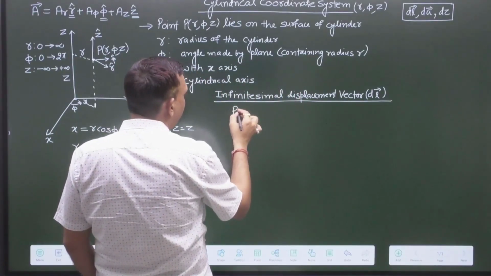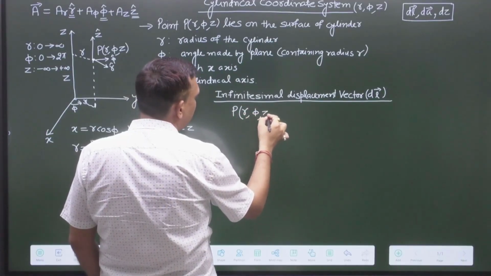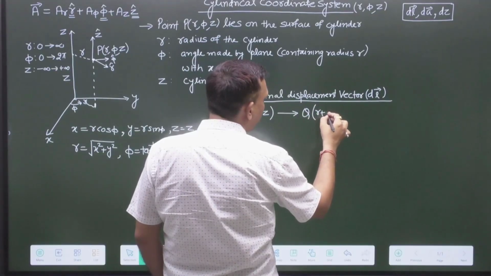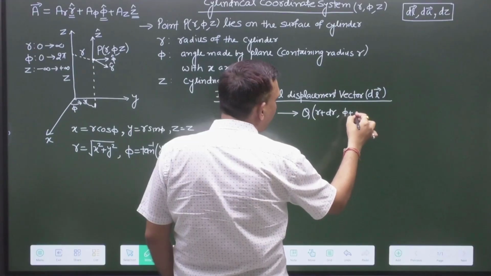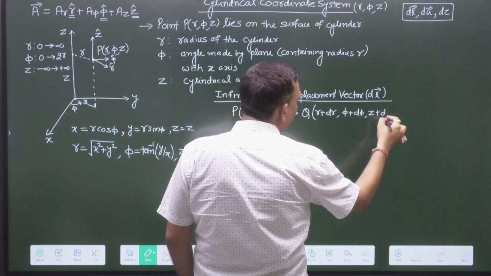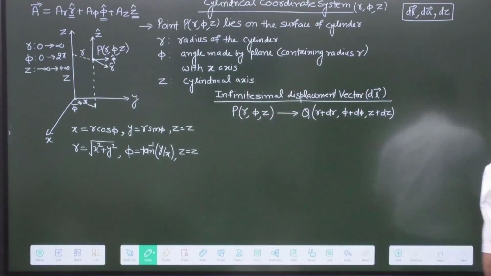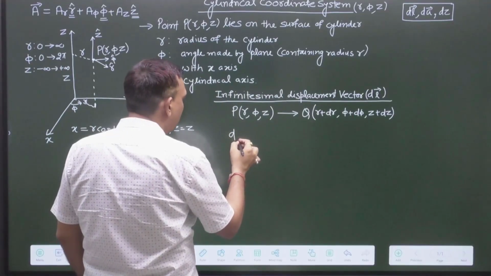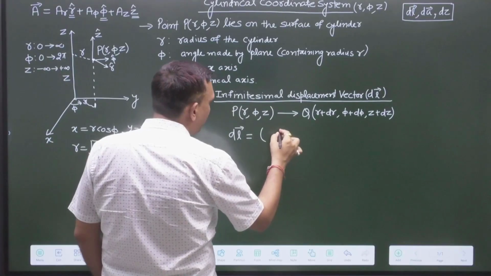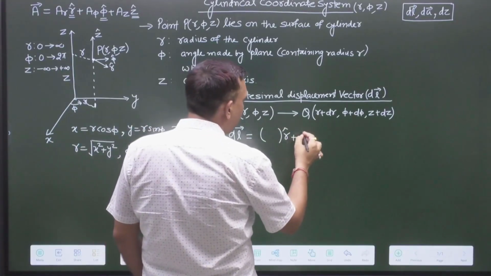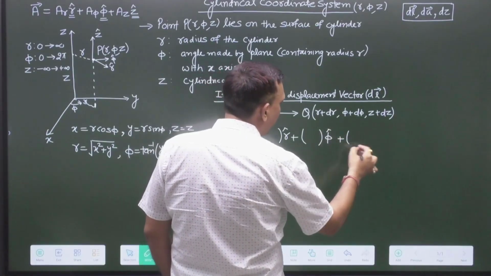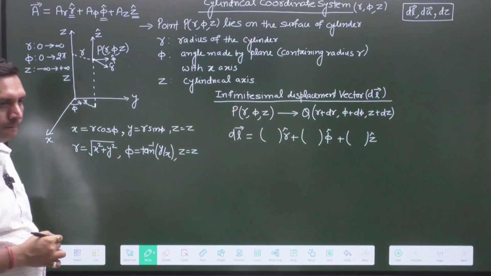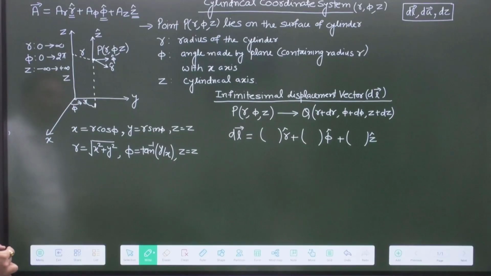So if point P has coordinates r, phi, z, and there is an elemental change in r, phi, z, given by dr, d phi and dz, then to write dl you have to see what the change along r cap is, what the change along phi cap is, and what the change along z cap is.